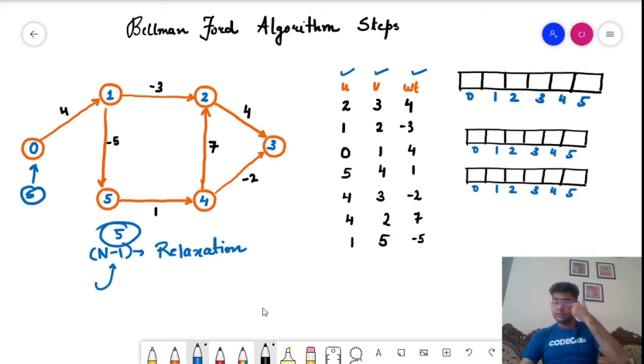So what is relaxation? Let us try to understand with the help of an example, or step number 1 we can say. This is relaxation one that we are going to do.